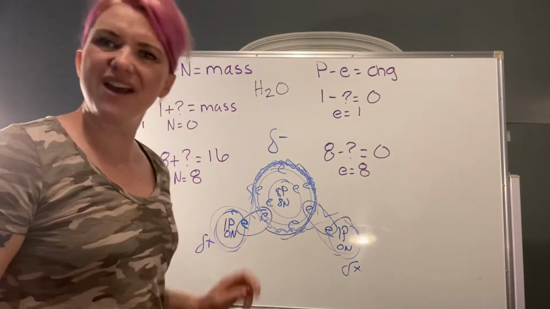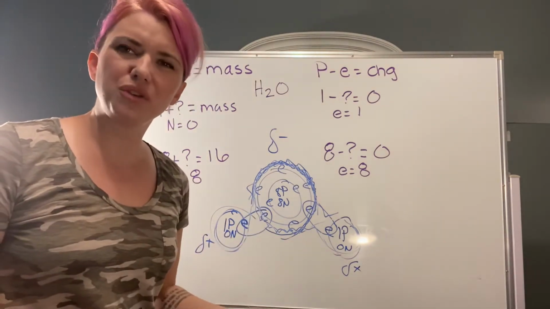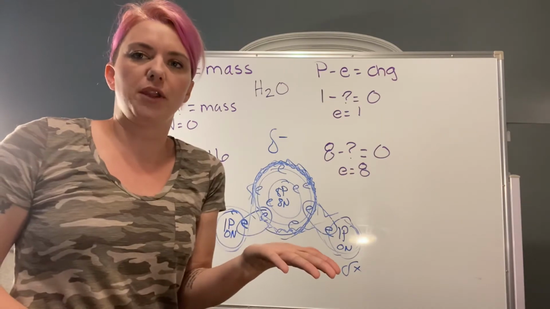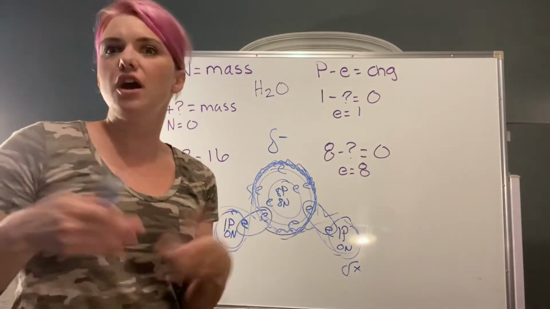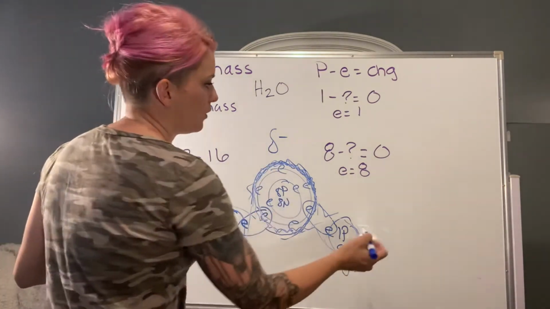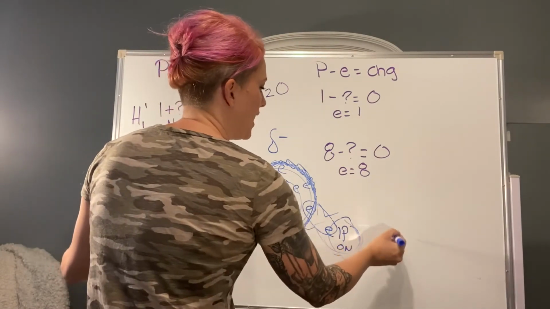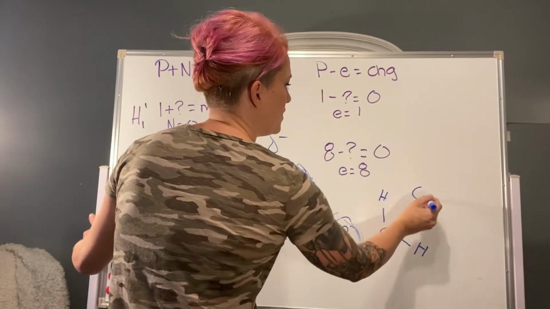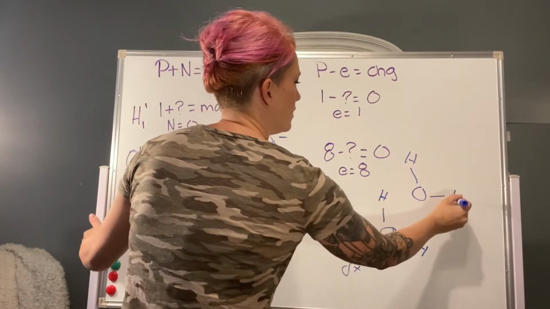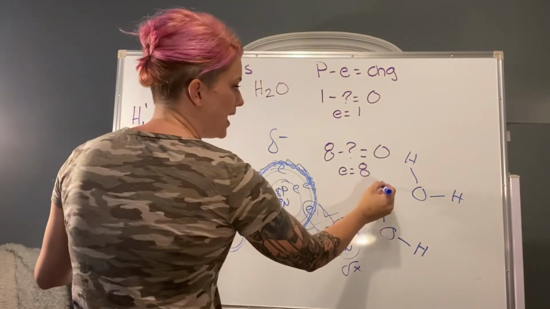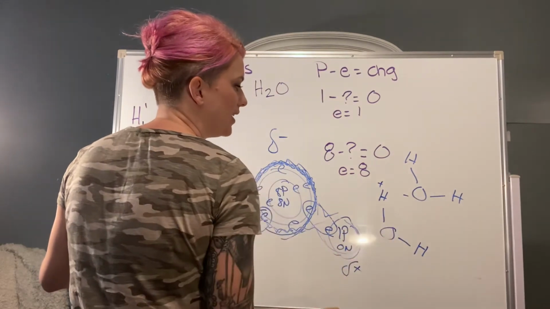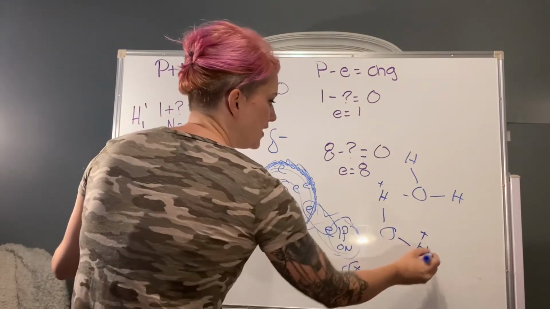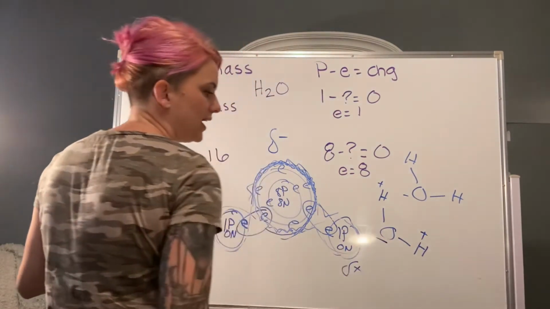So now if we have another water molecule, because when have you ever just had one water molecule? Like, I'll just take one, thank you. No, that doesn't work. So if we have another water molecule over here, so here's the O and here's some H's, and then we have another one. This is kind of positive and this is kind of negative, and this is kind of positive and this is kind of negative.